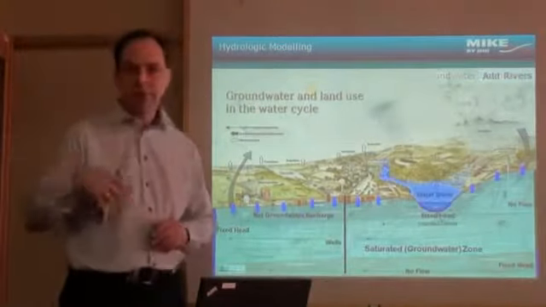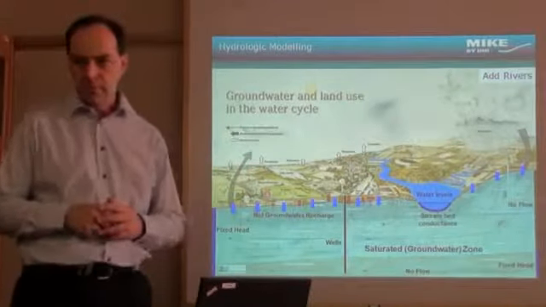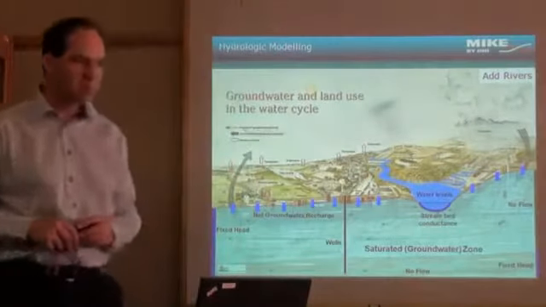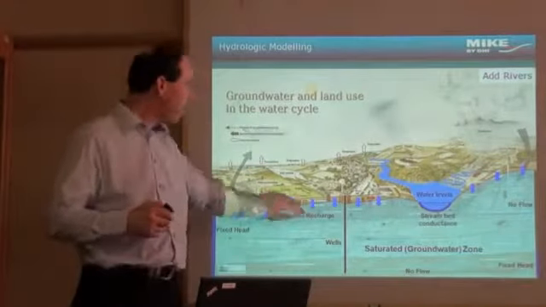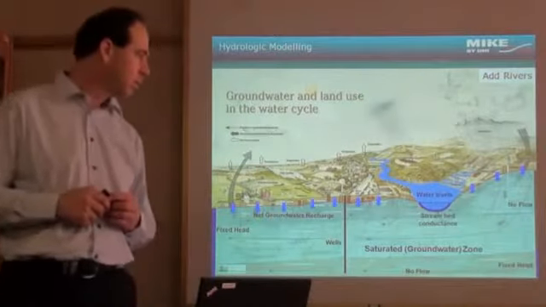If we want to add in the surface water system, then we have to define some water levels in the river and some connection between the surface water system and the groundwater system via some sort of a stream that conducts. But the primary boundary condition for the groundwater is still groundwater recharge.